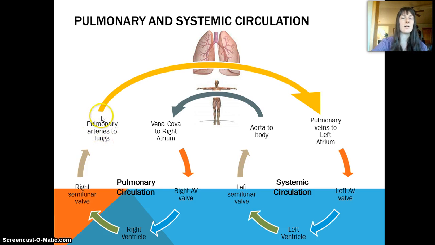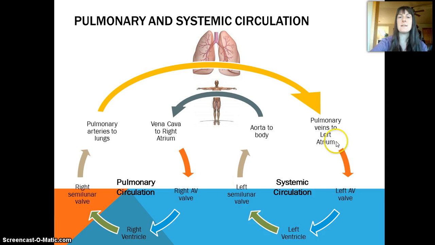So pulmonary arteries, they are arteries because they go away from the heart, but they don't have oxygen in them yet. They're deoxygenated, so they're going to go to the lungs themselves, and in this space they're going to get rid of their waste carbon dioxide, and they're going to pick up oxygen from the lungs. Then it's going to return to the heart via pulmonary veins, which are oxygenated, to the left atrium of the heart, which will then flow through the left atrioventricular valve into the left ventricle, which is our largest, strongest chamber of the heart.